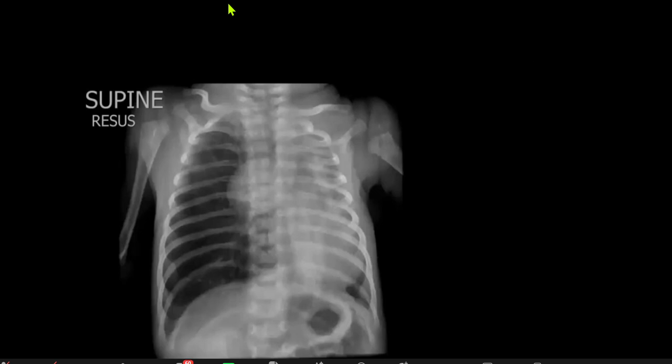We have another chest radiograph of a neonate. There is reduced lung volumes and increased opacification throughout the left lung, most notably the left upper and mid zones.